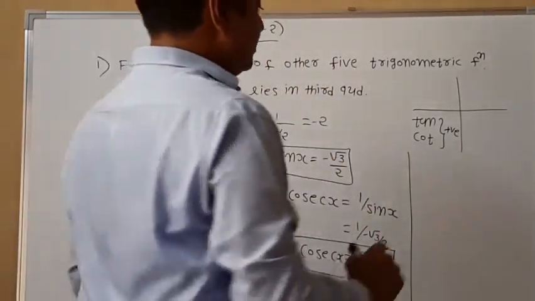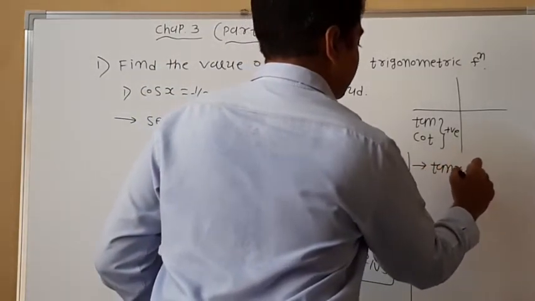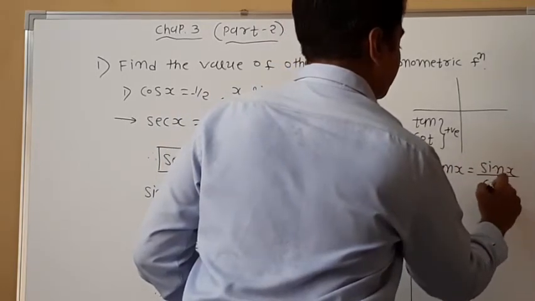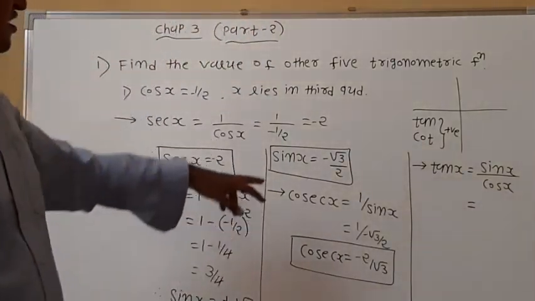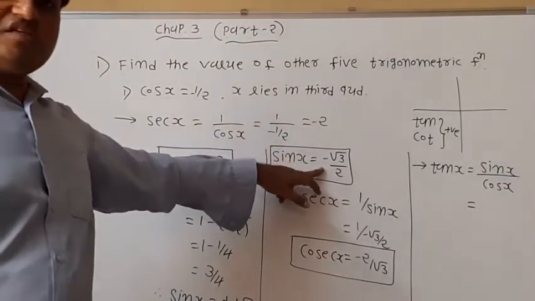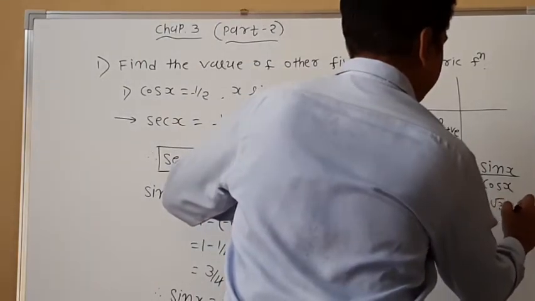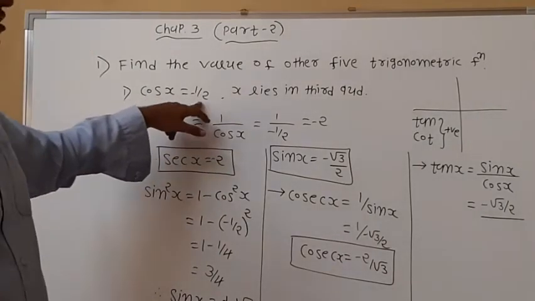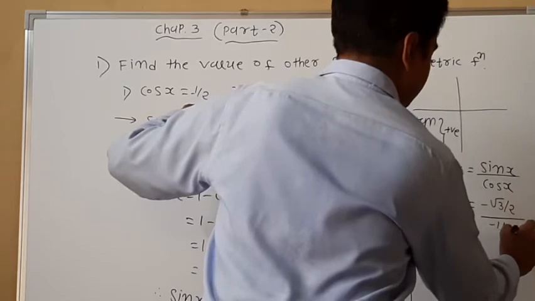So we know that tan x is equal to sin x upon cos x. In place of this, substitute the value, that means minus root 3 by 2 upon, in place of cos x written minus 1 by 2.